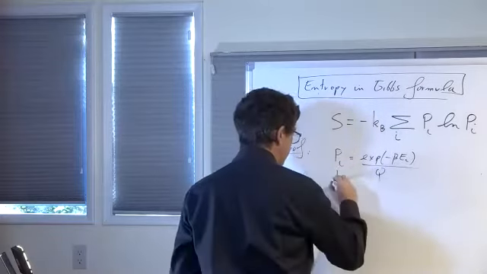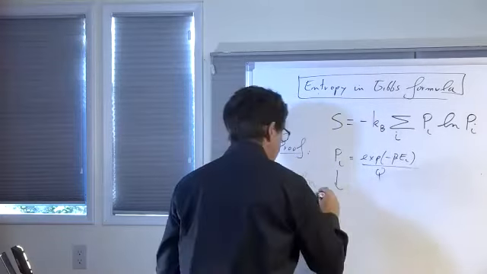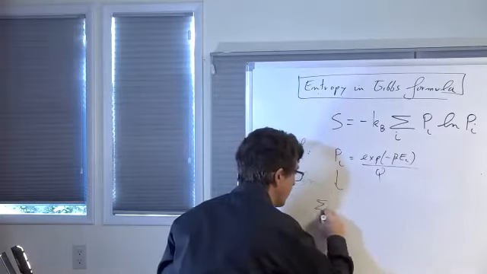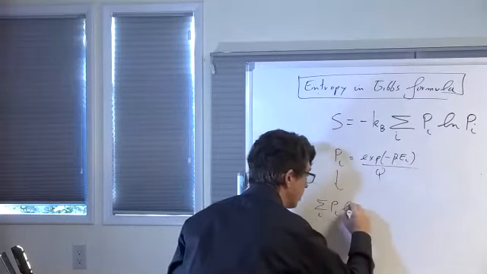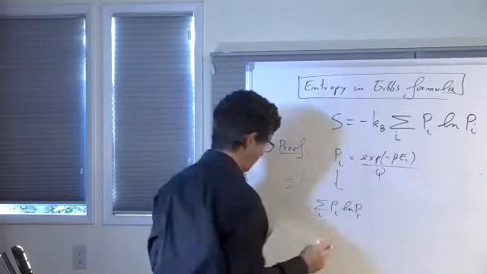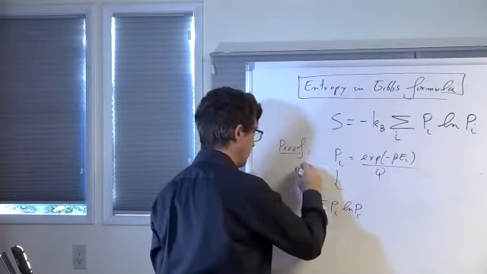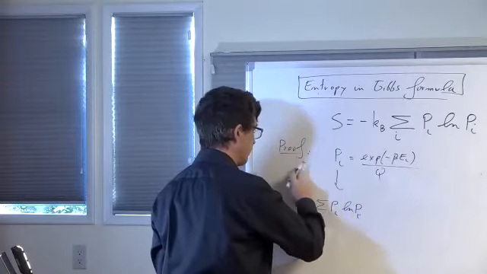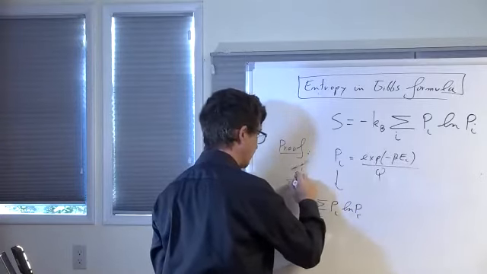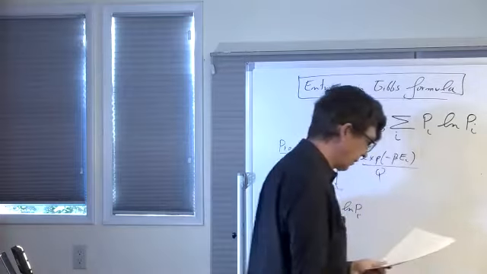Sorry, I should have said I'm going to first multiply by p_i. We'll take the log, multiply by p_i, and sum that over all the i's.